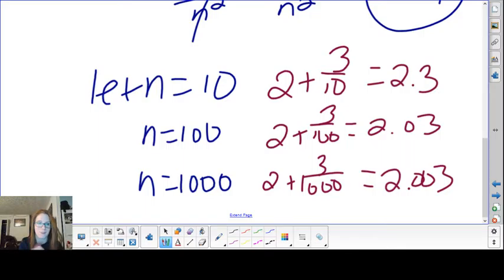Yay! I just found the summation of 1,000 numbers by plugging in 1 number, which is a lot easier than yesterday. Because if you think about it, do you really want to find the summation of 1,000 numbers from 1 to 1,000?